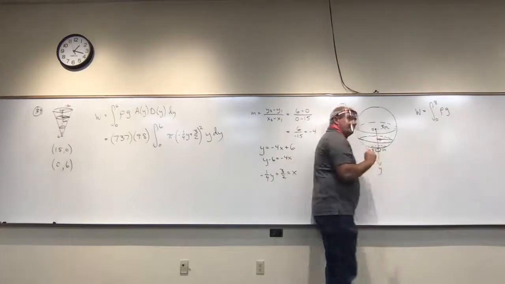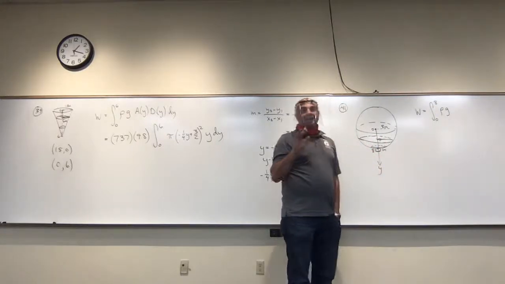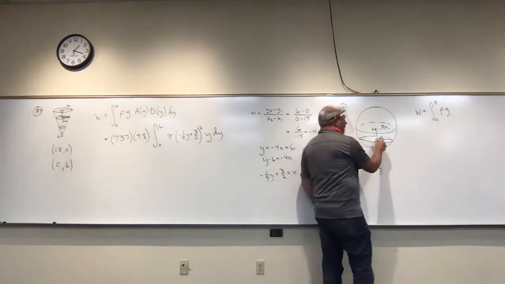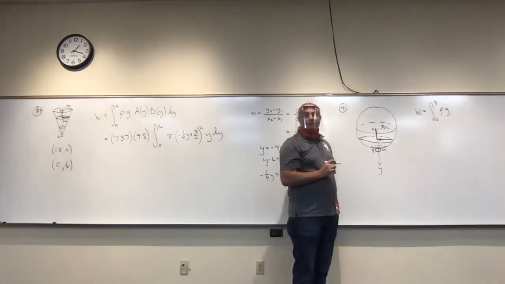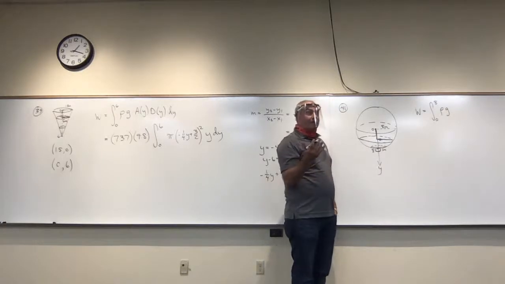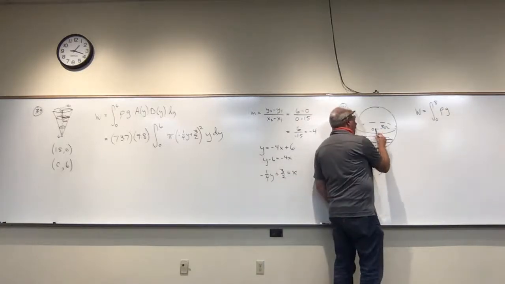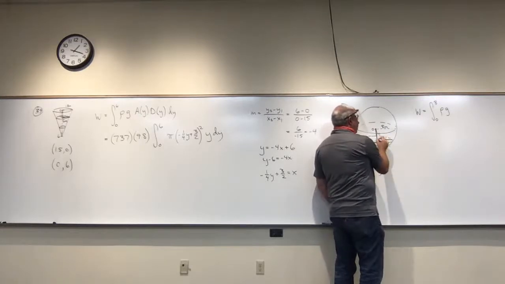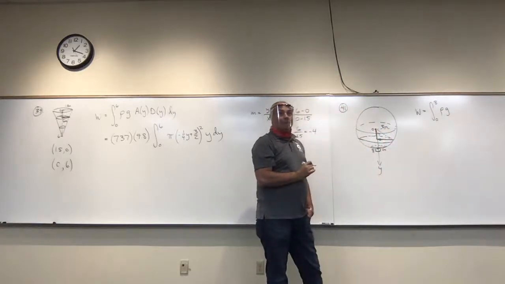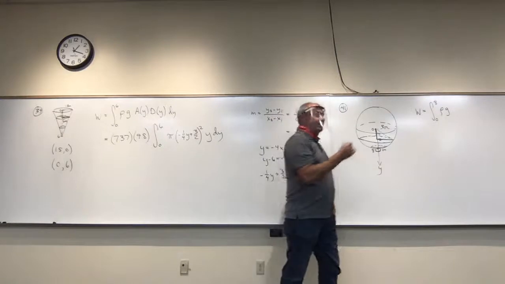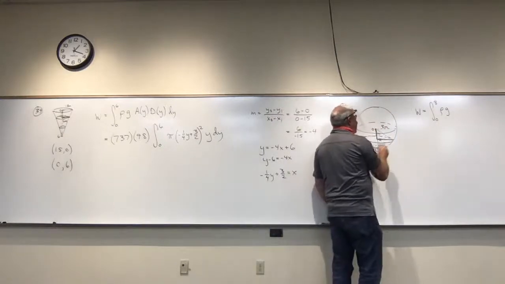I kind of do know, but I don't. If I didn't know what that distance is, what distances do I know? I definitely know this distance. What's that? y. Everybody buy that? That distance is y. I don't know this one. I do know this one. What's that one? 8, because the radius of this entire sphere is 8.